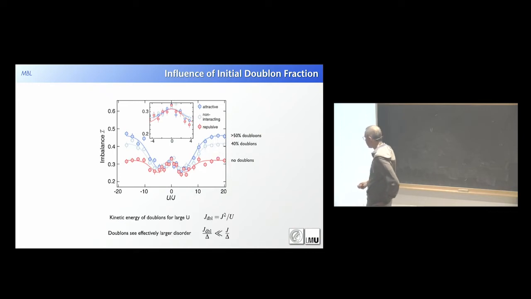But this is something we can also understand very nicely, because these interacting doublons in the system don't have the bare kinetic energy of your problem; they hop as correlated pairs, and their kinetic energy is J squared over U. If J over U is large, then this is much smaller than the original kinetic energy. So the doublons have a much smaller kinetic energy than single particles, and in order to localize them we need a much lower disorder strength.